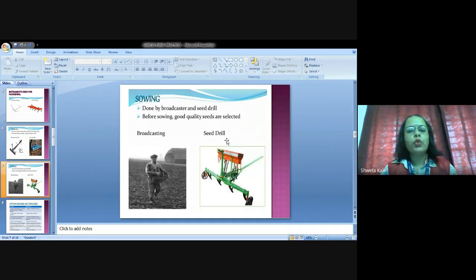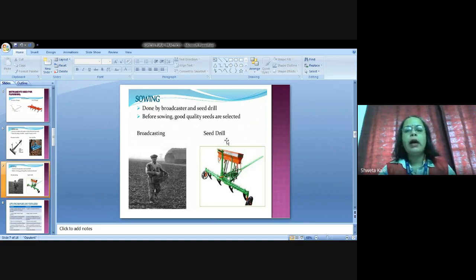Next is the sowing of seeds. Sowing of seeds means we now have to put in the seeds so that proper crop growth will be there. Now this sowing is done by broadcaster and seed drill. Broadcaster is the equipment which was used traditionally, the traditional way of sowing the seeds.